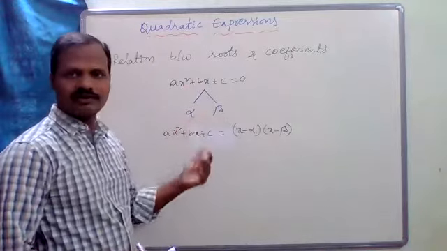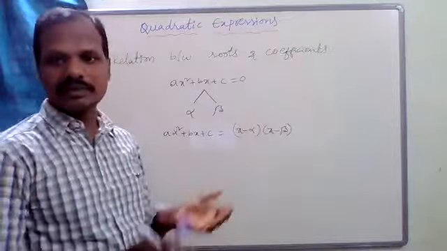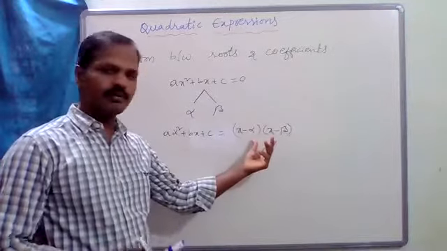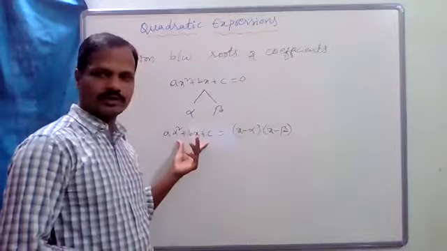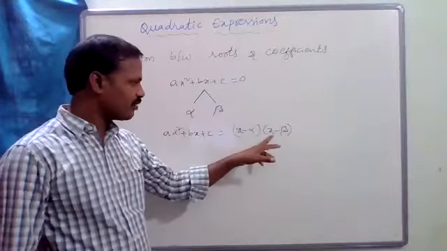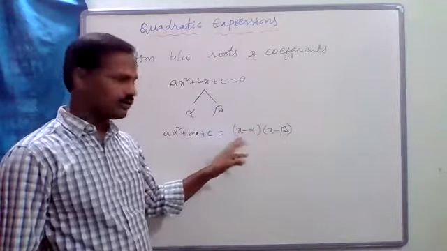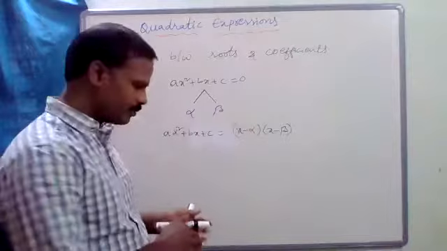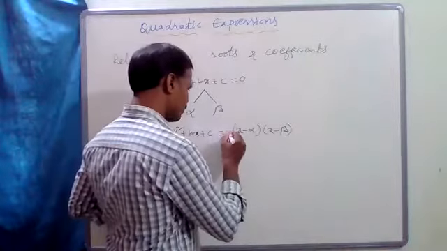That means x equal to alpha and x equal to beta are the roots. So x minus alpha into x minus beta becomes 0. Now what is the coefficient of x square here? 1. But here a is there. So keep a here.